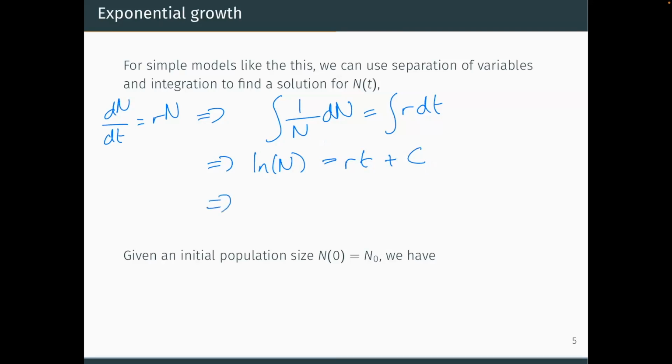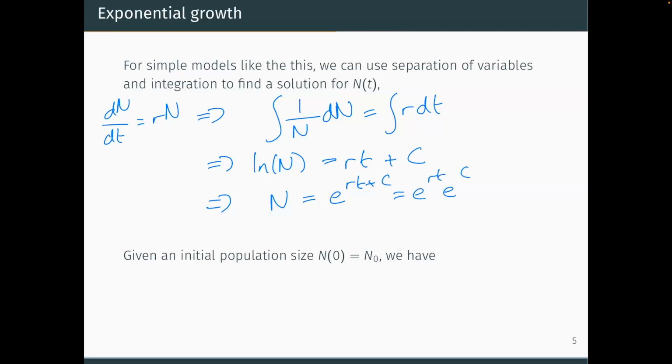Okay, we want to have this as a function of N. So we can take exponentials. So we can have N at time t is going to equal e to the rt plus c. It's the exponential of rt plus c, which we can write as e to the rt times e to the c.